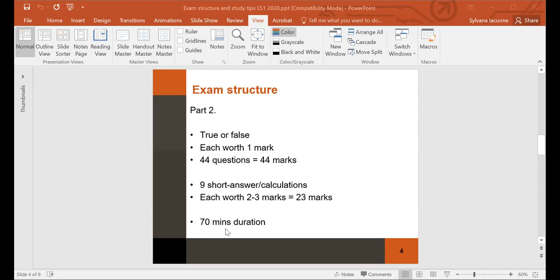And of course, part two is also worth 70 minutes. How can we write working out? Okay, all right, very, very simply, the same way that you've seen some of the working out for calculations in some of your tutorial questions. So if you go back to, which tutorial questions?